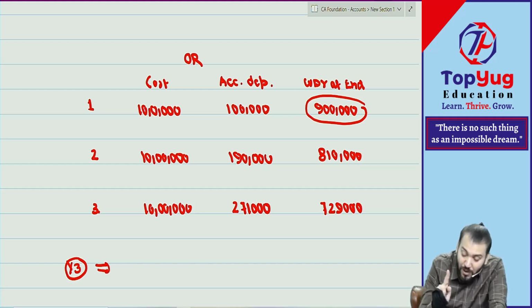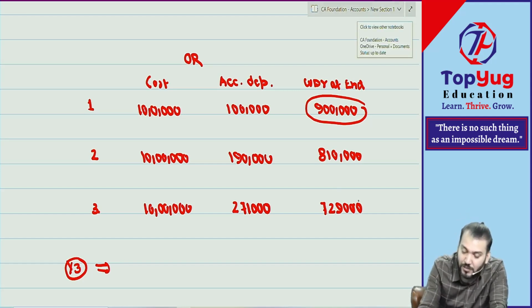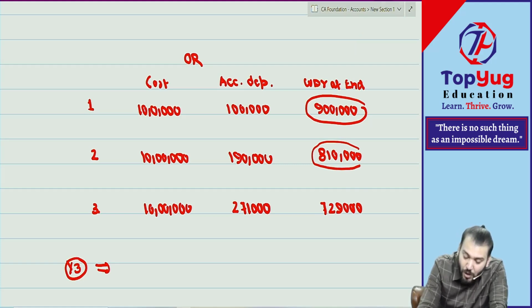For year 3 you will calculate depreciation on 8 lakh 10,000. Are you able to understand? So you need to find out WDB. WDB at year end of second year will become WDB at year beginning of third year.